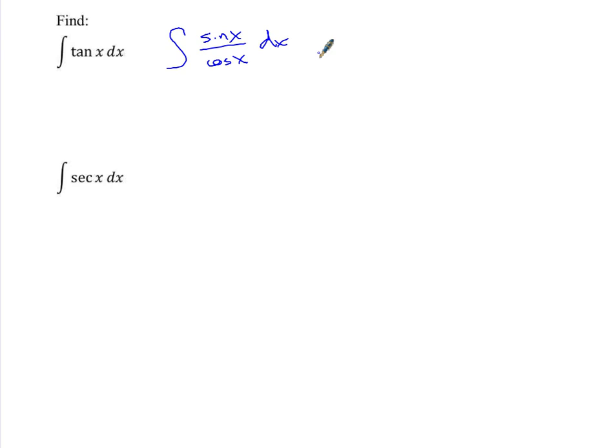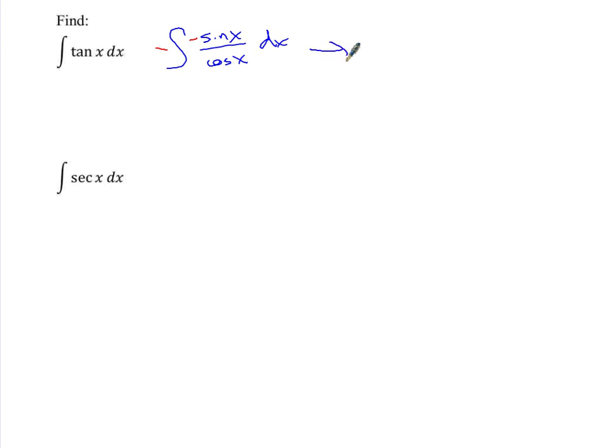We could get u prime over u. The derivative of the denominator needs to be in the numerator. The derivative of cosine is negative sine. We almost have that here, if we just had a negative sign. So if I put a negative sign out front, that keeps this in balance, and now we have u prime over u.